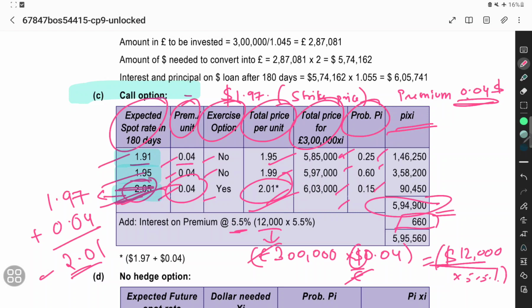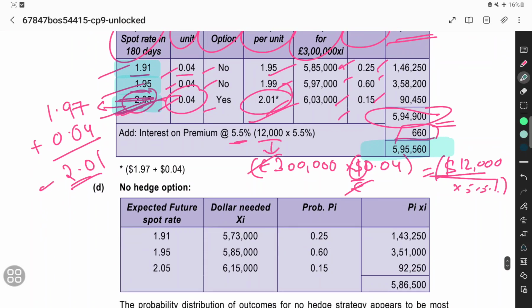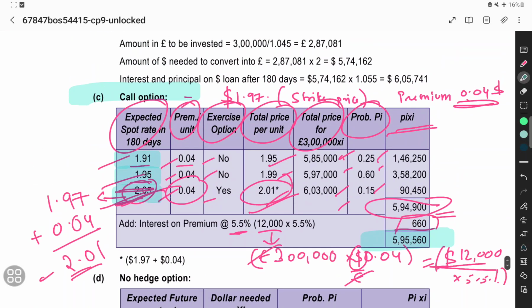I will have to borrow this from the bank. So for that also the interest is added. So I can get the cumulative net, my total outflow. So now my total outflow is not 5,94,900, it is rather 5,95,560. They've done very beautifully, and this solution is presented really well. Okay, so this is done, the option part is understood.